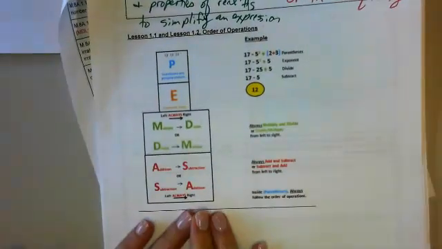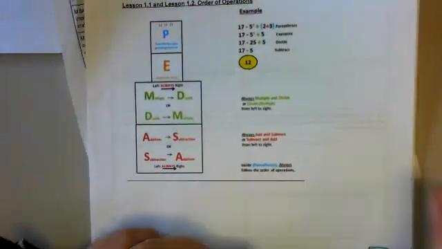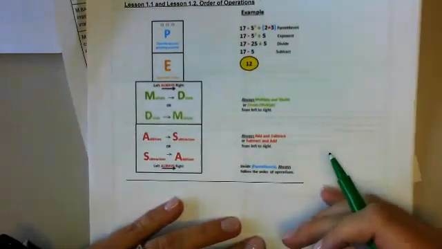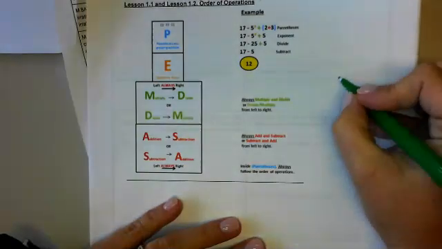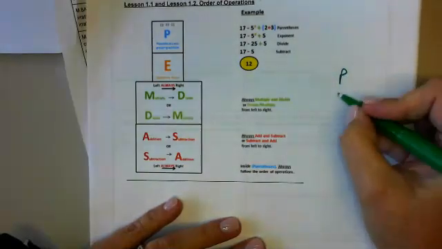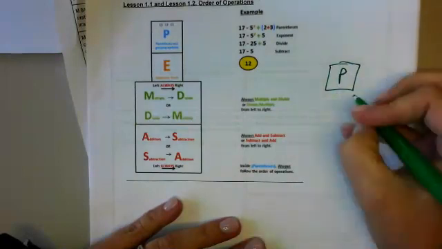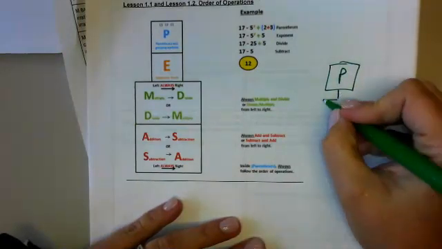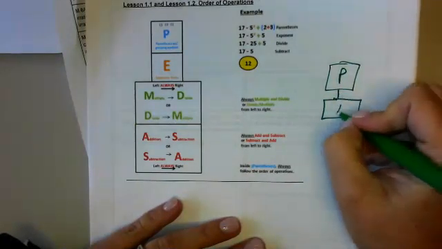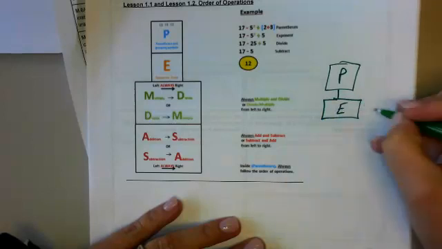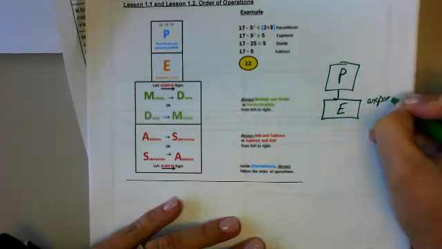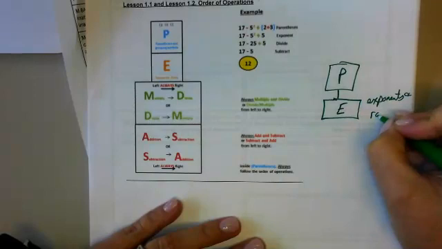Moving down, looking at lesson 1.1 and 1.2, order of operations. You guys have been doing this for years. Okay, you're going to have kind of your hierarchy, and it's a little hard to read, so we're just going to draw it over. We've got our parentheses. We do those first. Next, we're going to have our E, which stands for exponents, and actually roots.